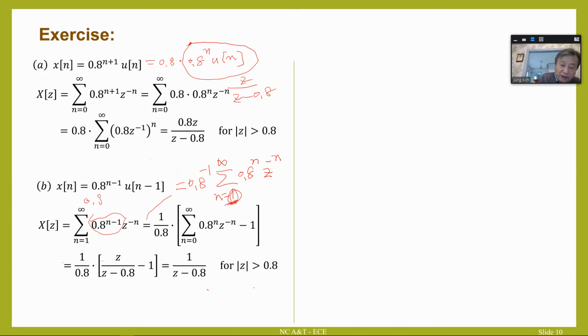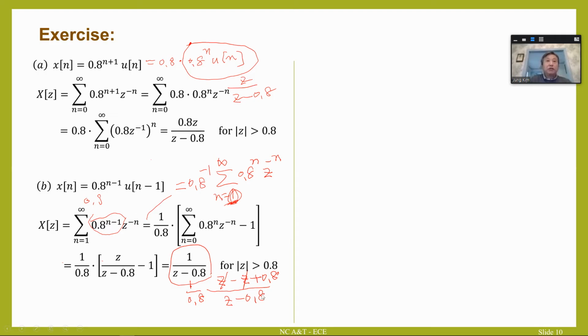So the common term is 1 over 0.8, and this is g minus 0.8, and g, minus 1 times g, so g plus 0.8. So the g cancels out, and then the 0.8 cancels out. So this is this one. It's okay? Yeah, no, that makes sense now.